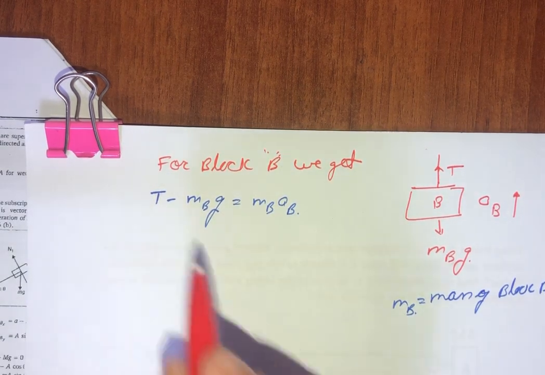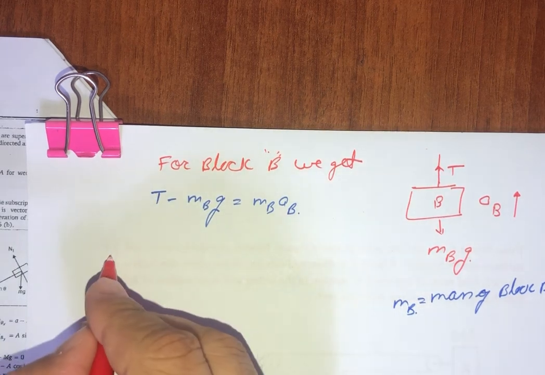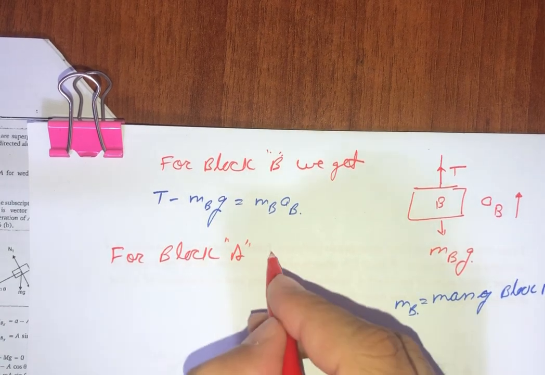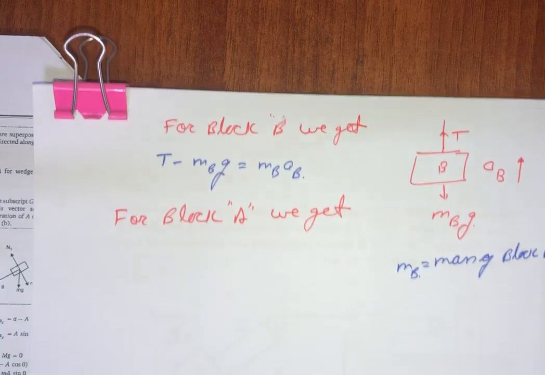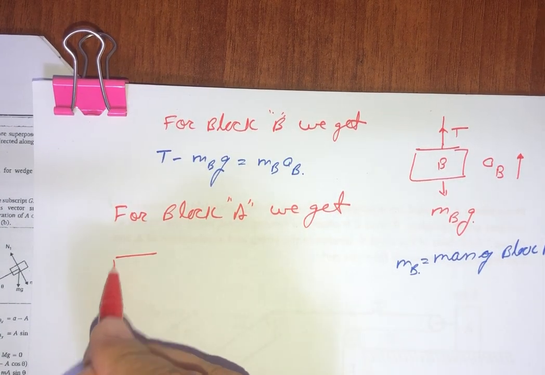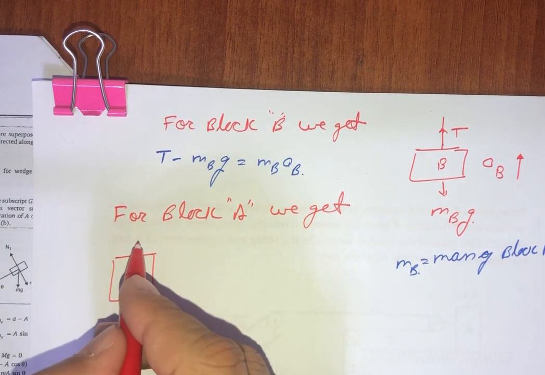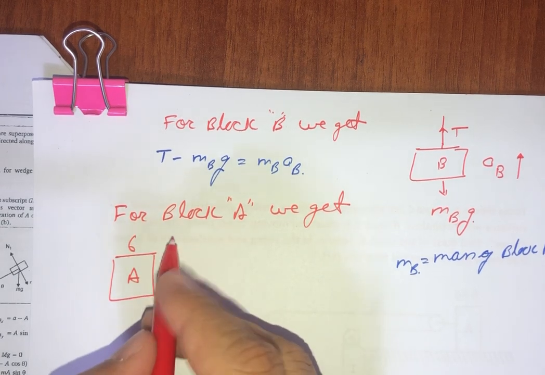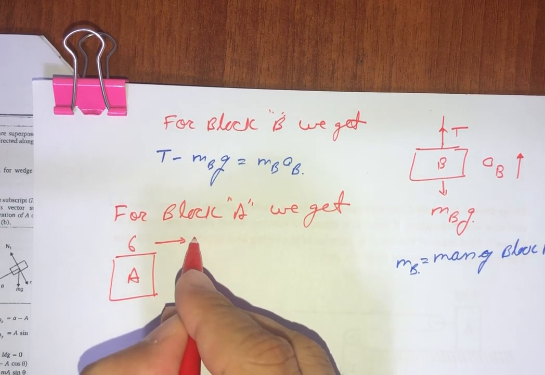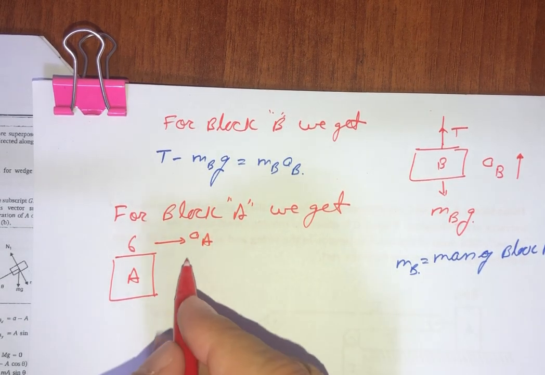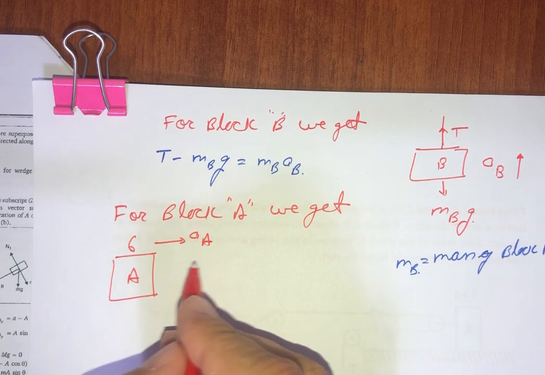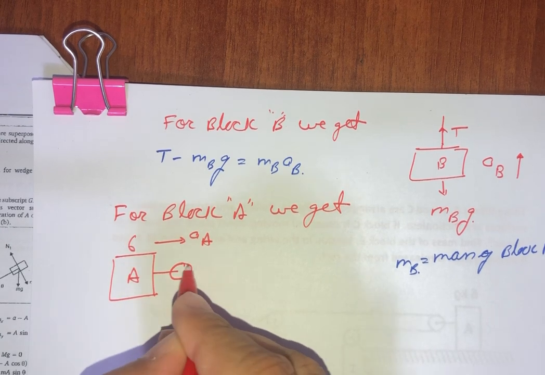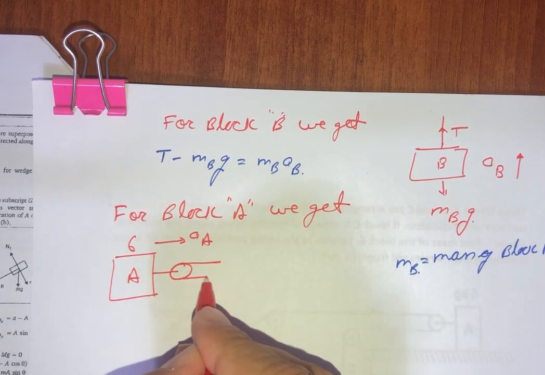And for block A, we get, now this is block A and whose mass is given as 6, and let us suppose it is moving in this direction with the acceleration of aA, and we are going to have two tensions, or rather we can say 2T.